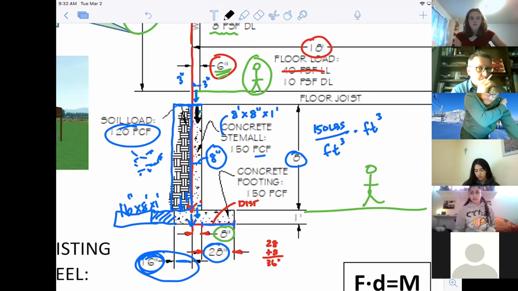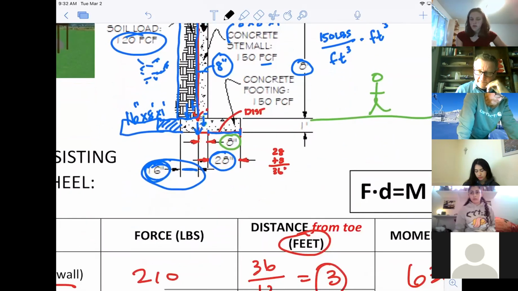Correct. And then for the moment for the stem wall, I got 2,133.6. That's correct. I'm not really understanding how to do the footing part though. I'm stuck on what the dimensions of that are, I guess?